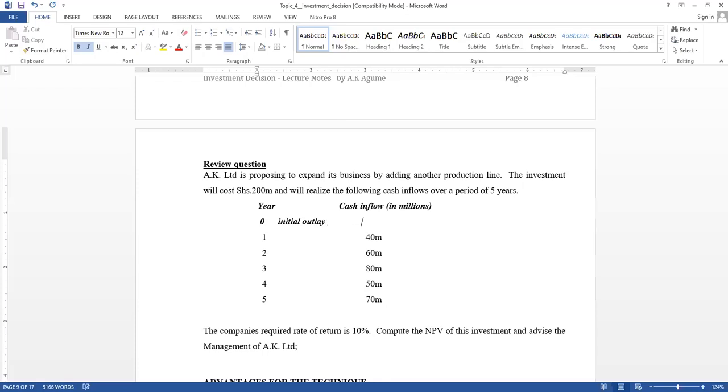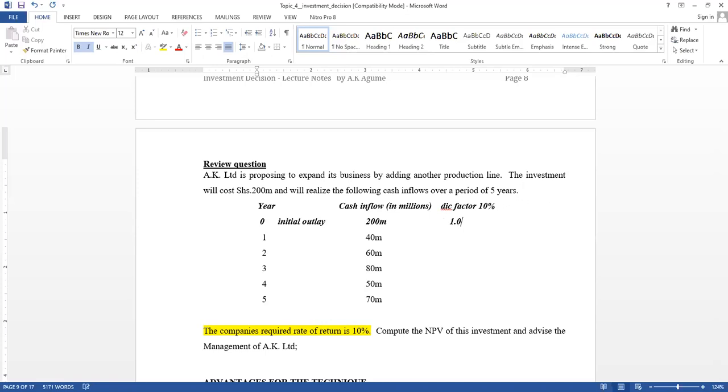So our initial investment is 200 million. Okay. So if I discount this at 10%, discount factor at 10%. So I need to go to my present value tables, and I look for those discount factors. And for period 0, of course, it is 1.